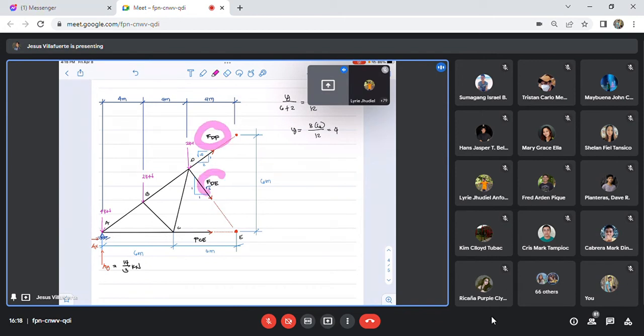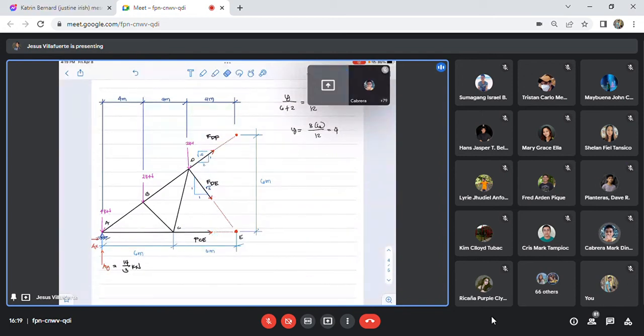This one is also not equal to zero. If you take summation of moment at point A, that one will be zero, that FCE. But the other one, the pink circled one, will not be zero. Where will we take the moment so that the two become zero?